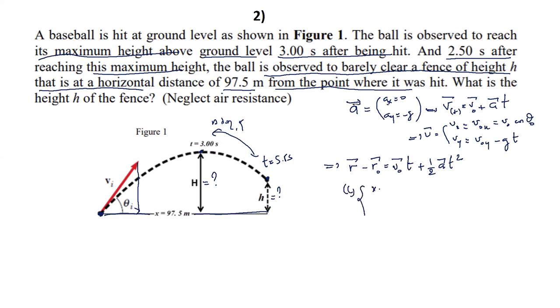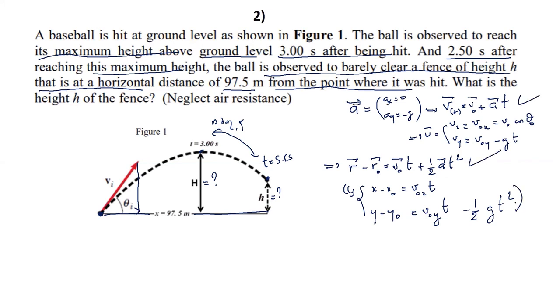That means along x, I will have x minus x naught is just equal to V naught x multiplied by t. a_x is 0, so I can forget about that. y minus y naught will give me V naught y t minus half g t square. Okay. So this is just a reminder of what we did in class in the lecture. And this is in your formula sheet.